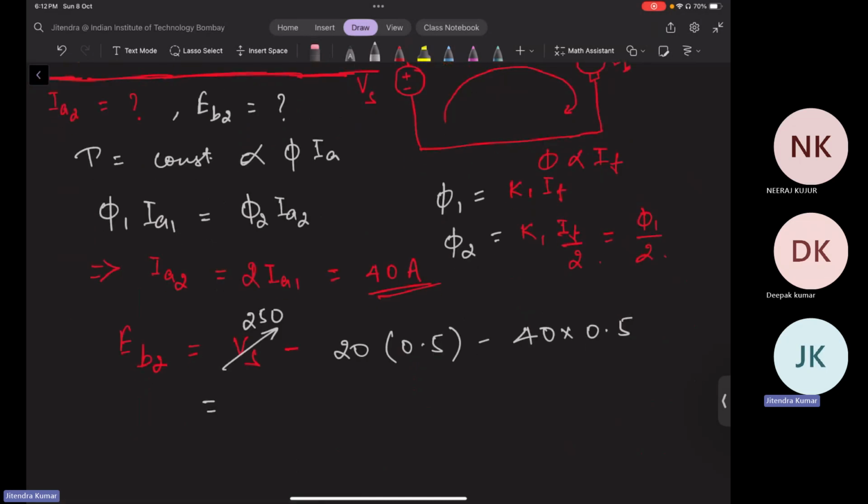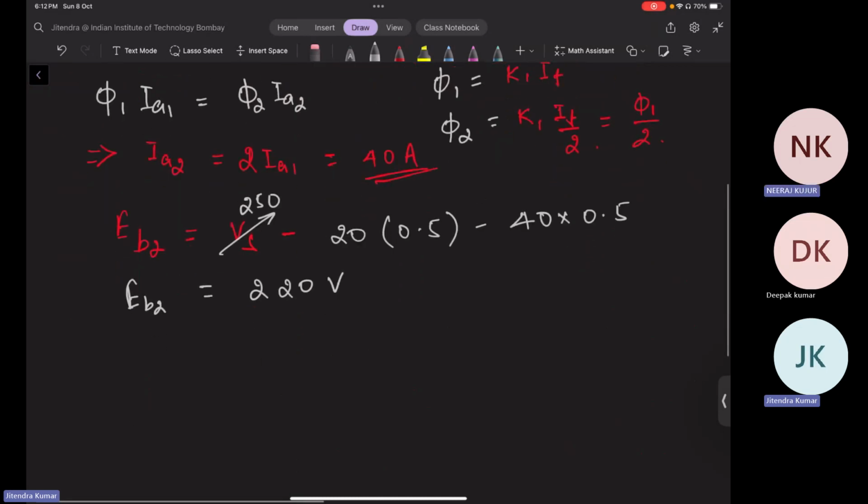So this equation will lead to 250 minus 20 minus 10. So it will be 220 volt. So we are done with the EB2 calculation.